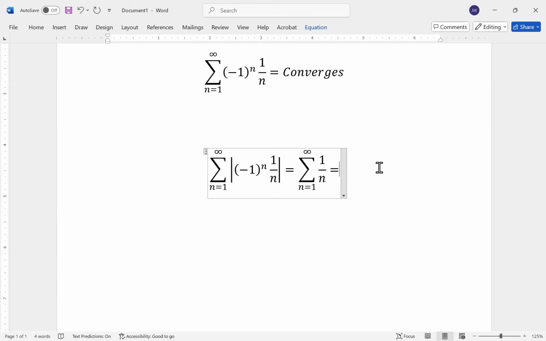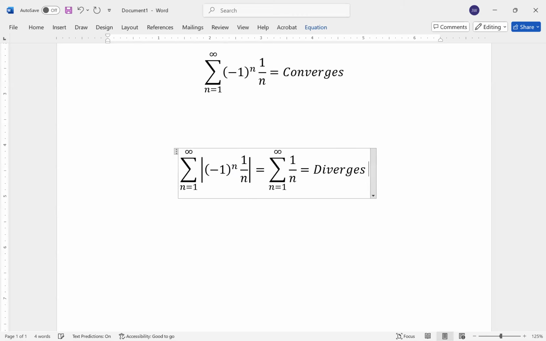That thing diverges. So my alternating series converges, but if I had done the same thing with all positive terms, it would diverge. I know this diverges because this is a p series where p is 1, 1 over n to the first power.